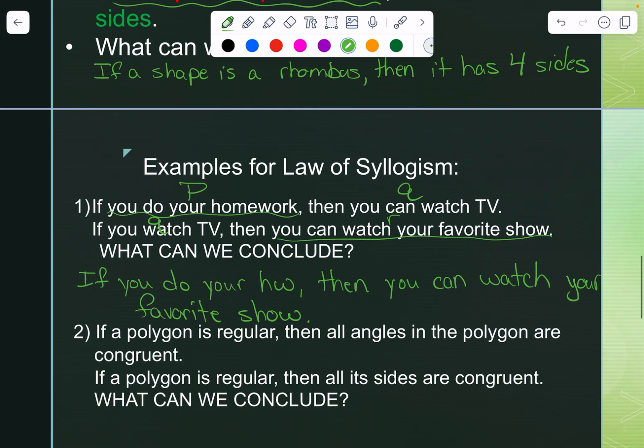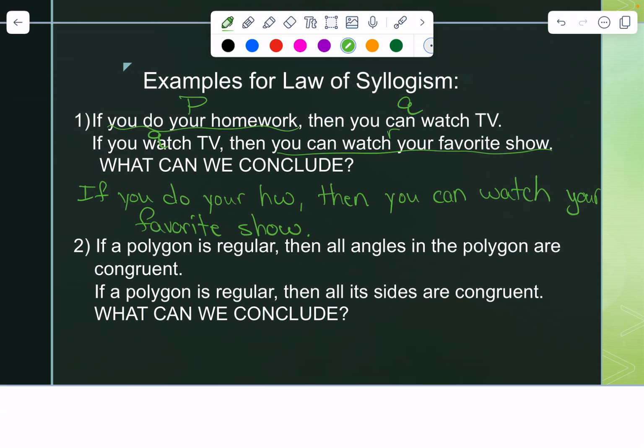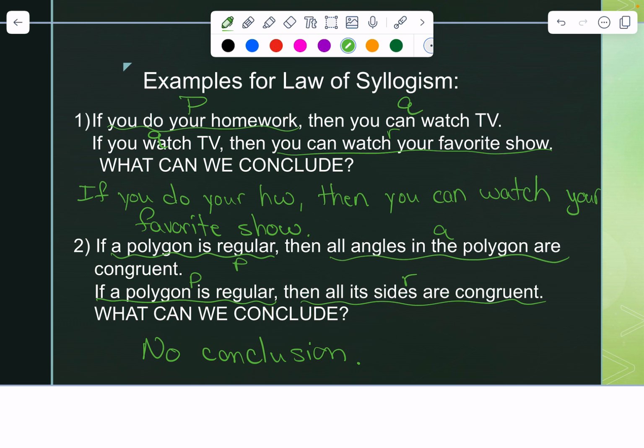Let's go to this last one here. If a polygon is regular, that's our P, then all angles in the polygon are congruent. That's our Q. So we got P then Q. If a polygon is regular, that's P, then all its sides are congruent. That's R. What can we conclude? No conclusion can be drawn because it does not go in the right order.